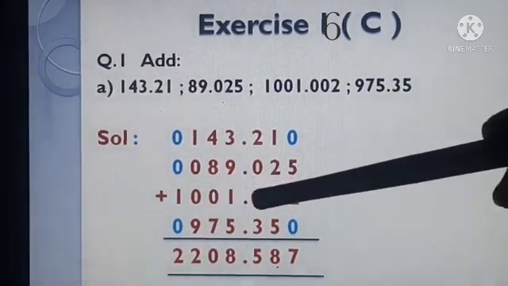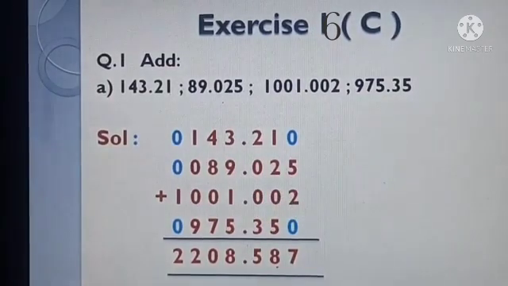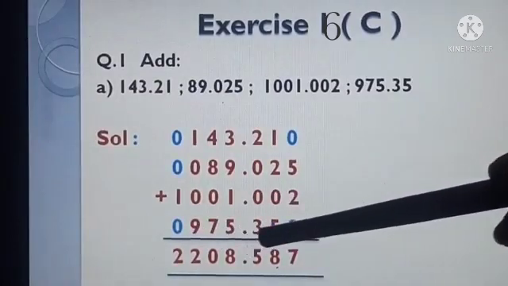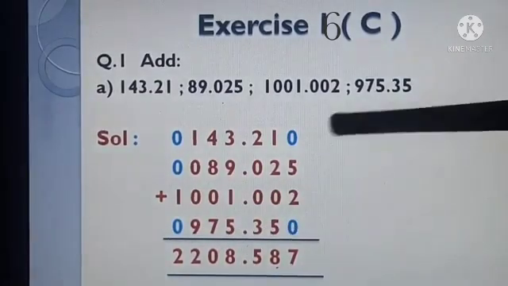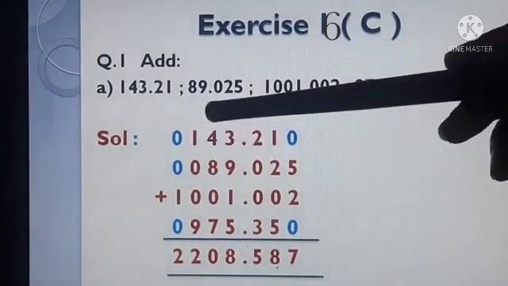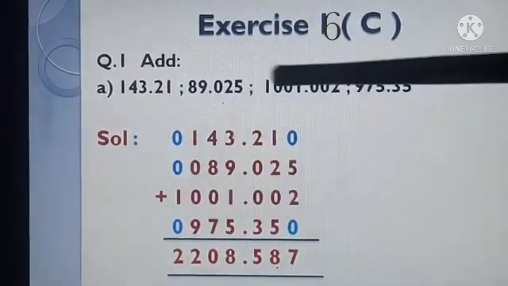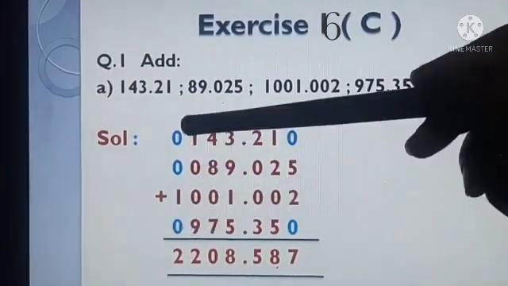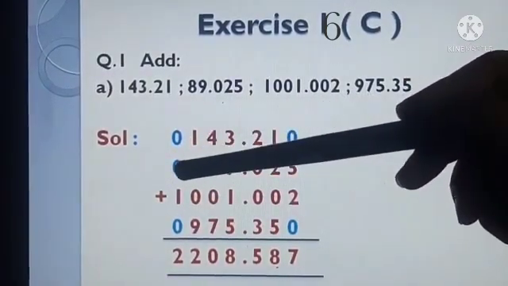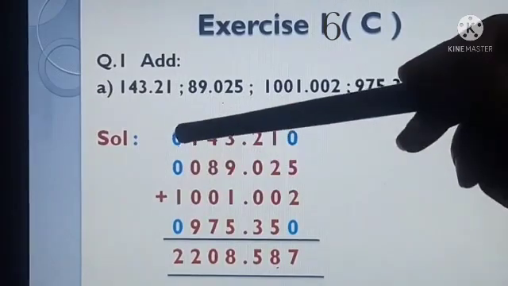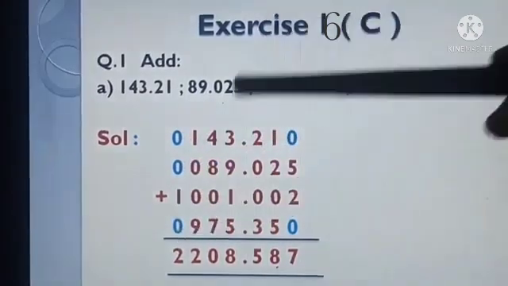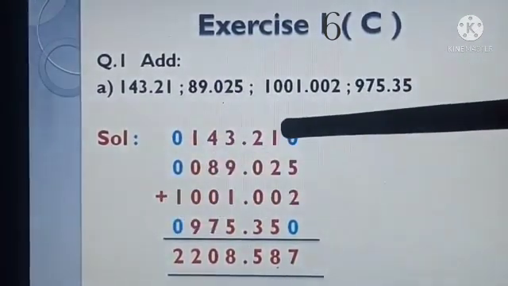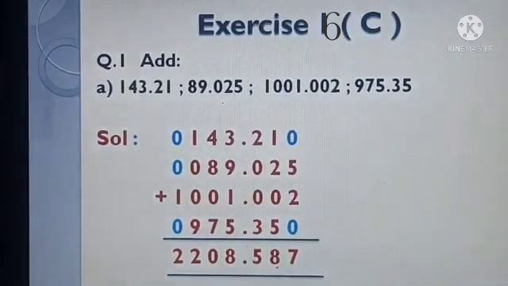After that next is 1001.002 and then 975.35. Now, see, we have written the given numerals. The places which are left, we have to write down their zeros. Like a 0, 0, because 1 is there and above this no number is there and below this also no digit is there. So, we will write down 0. 0, 0, 0, and here also 0 and 0.